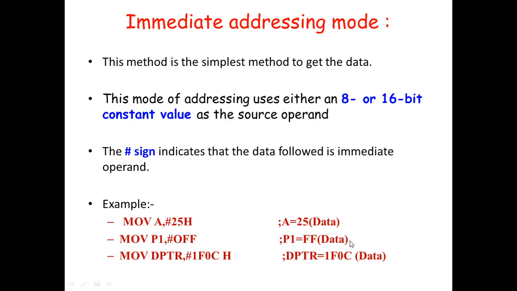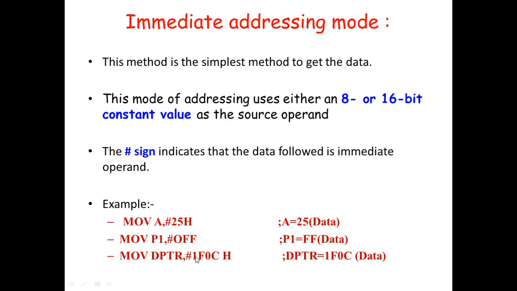The next problem statement is I want to place 16-bit data; this was 8-bit data. Agree? FF and 25 are our 8-bit data. Now I have 16-bit data, that is 1F0C. That 16-bit data I want to place into a 16-bit register. DPTR is our 16-bit register, and within that we want to place this number. This number starts with 1, and that's why there is no need to place 0 there.